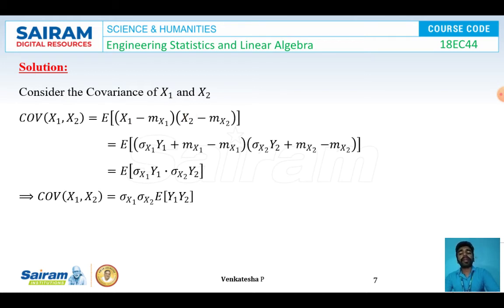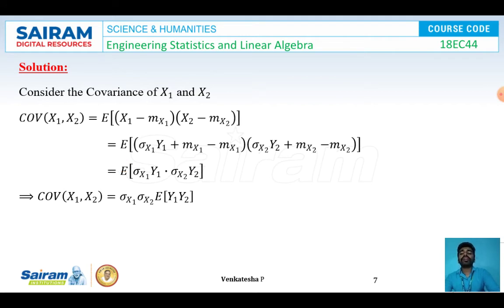So after replacing that, I got the equation expectation of (sigma x1 y1 plus mx1 minus mx1) into (sigma x2 y2 plus mx2 minus mx2). So I can cancel mx1 and minus mx1, and I can cancel plus mx2 minus mx2. I got the equation expectation of sigma x1 y1 and sigma x2 y2.